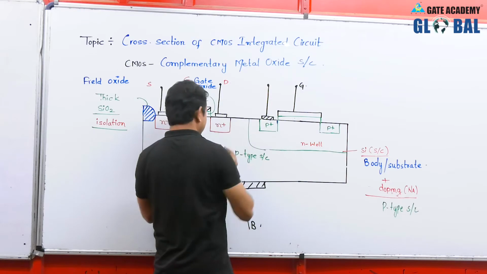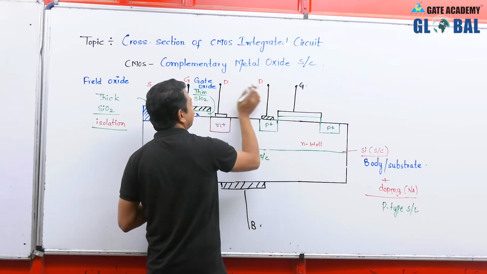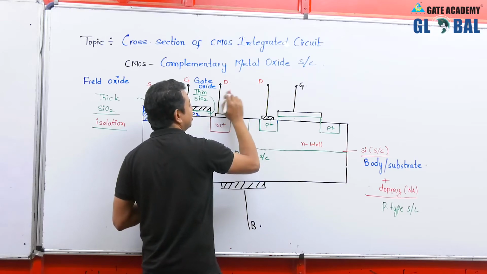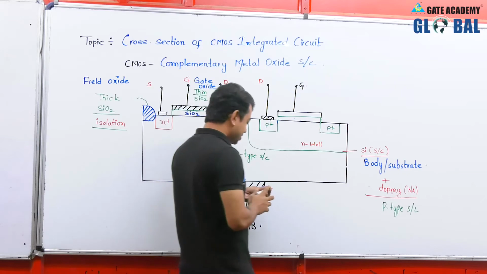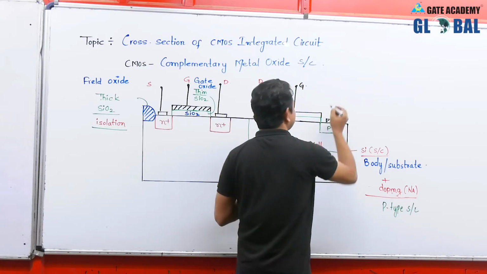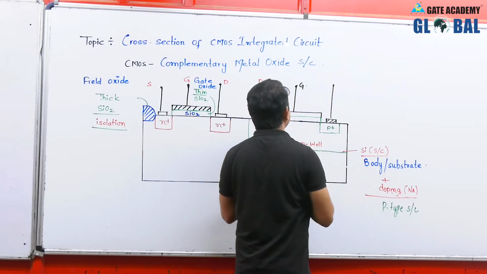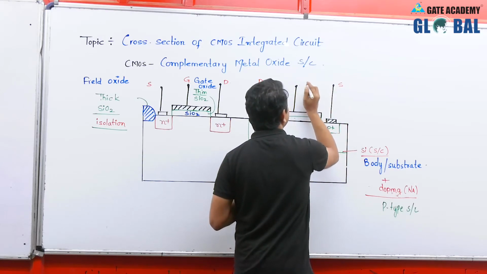What is this terminal? This is the drain terminal. Observe carefully, the drain terminals of both the devices are close to each other. After this we have another region, which is extended likewise, and this is the source terminal. So this is the gate terminal.